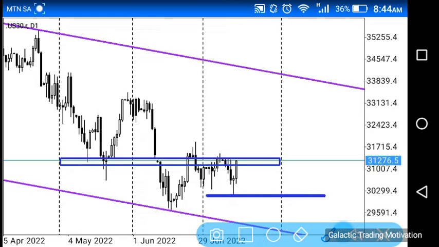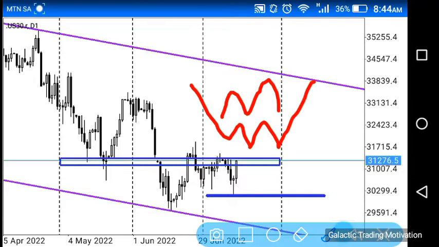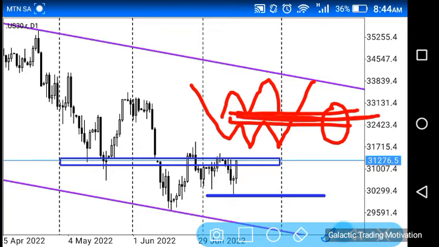We have an M structure, and we have an inverted head and shoulders pattern. The M structure's neckline is there, and the inverted head and shoulders neckline is also there, and currently price is somewhere here where the necklines are. So it becomes very risky to buy or sell in this area.